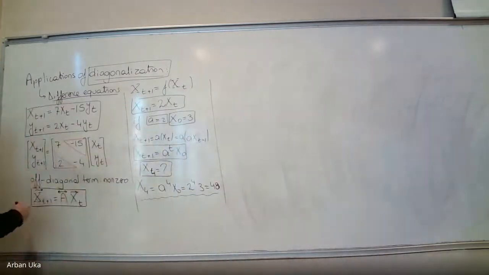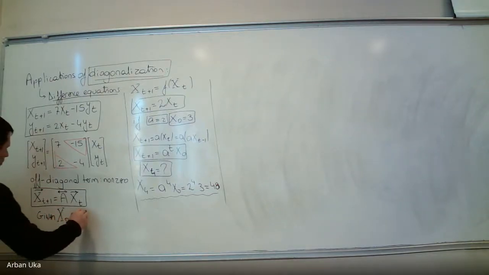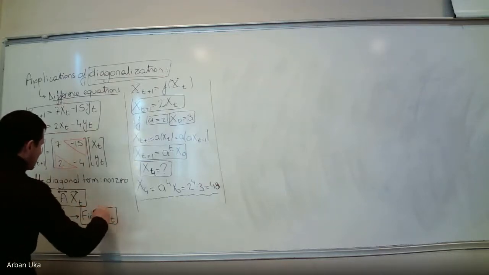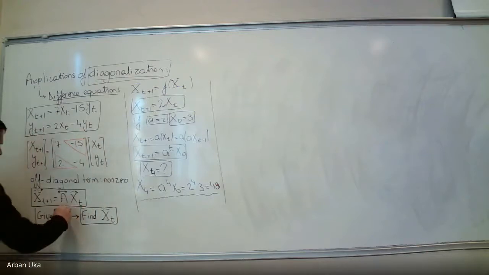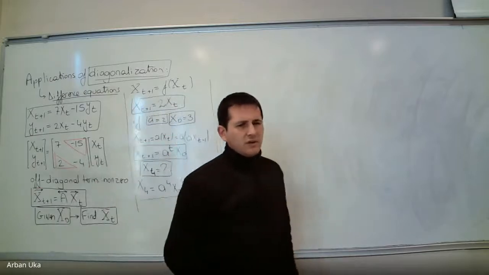So you are given the matrix A, and then you will be given x0, okay, and the question would be: find xd. So it's really something given an initial condition, okay, find how it is going to be later on.